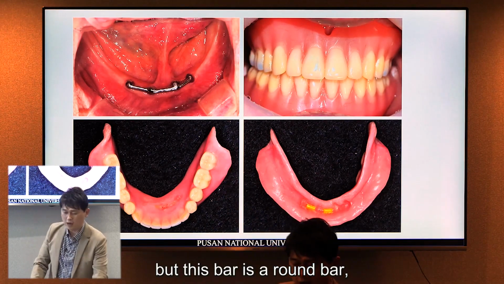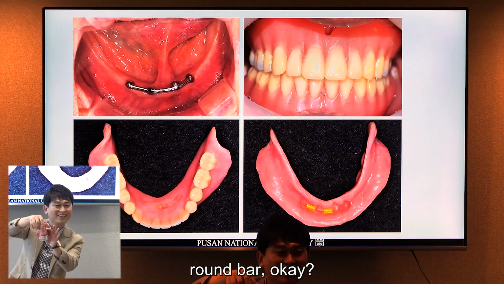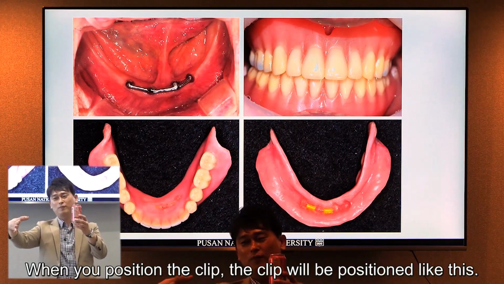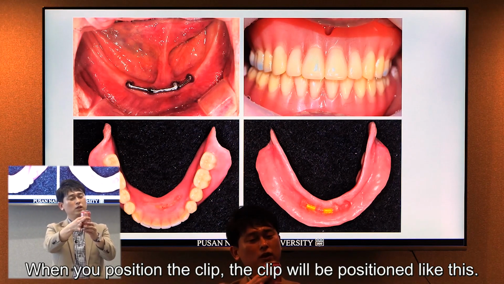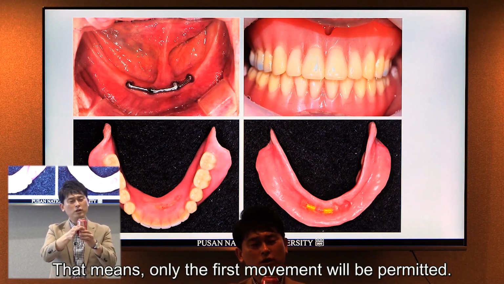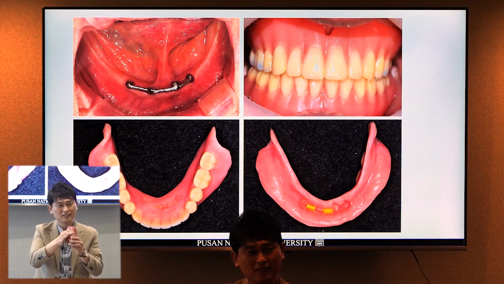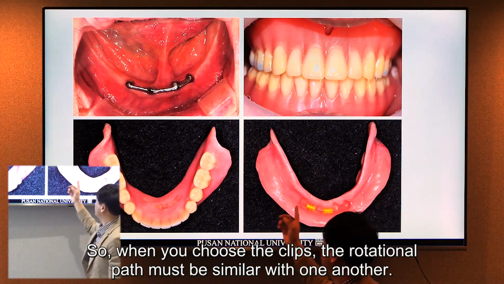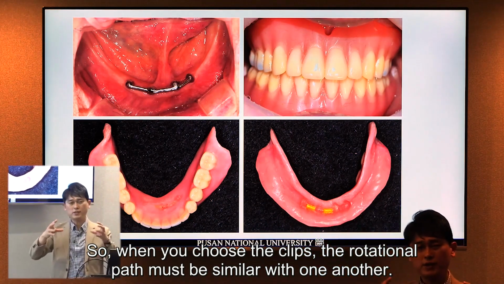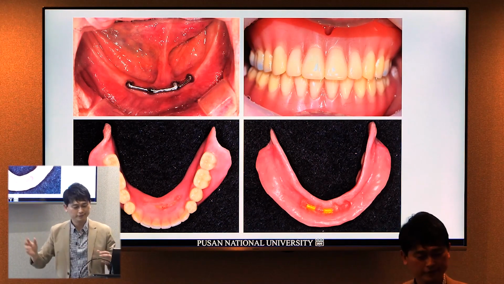But this bar is a round bar. When you position the clip like this, that means only the first movement will be permitted. So when you choose the clips, the rotational paths should be similar between the two clips. Okay?